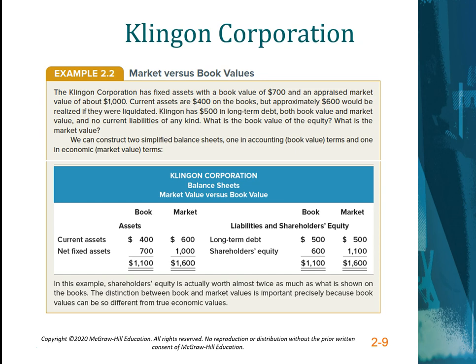From the market standpoint, we would take the total market value of $1,600, subtract the $500,000 in debt, and that would give us $1,100 in shareholders' equity. So the shareholders' equity is worth almost twice as much as what is shown on the books. And that happens very frequently.